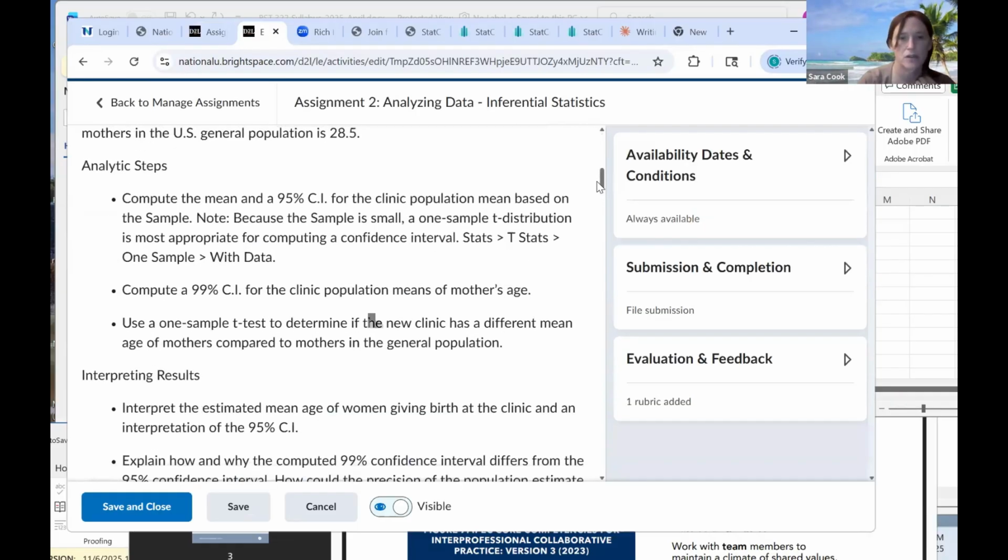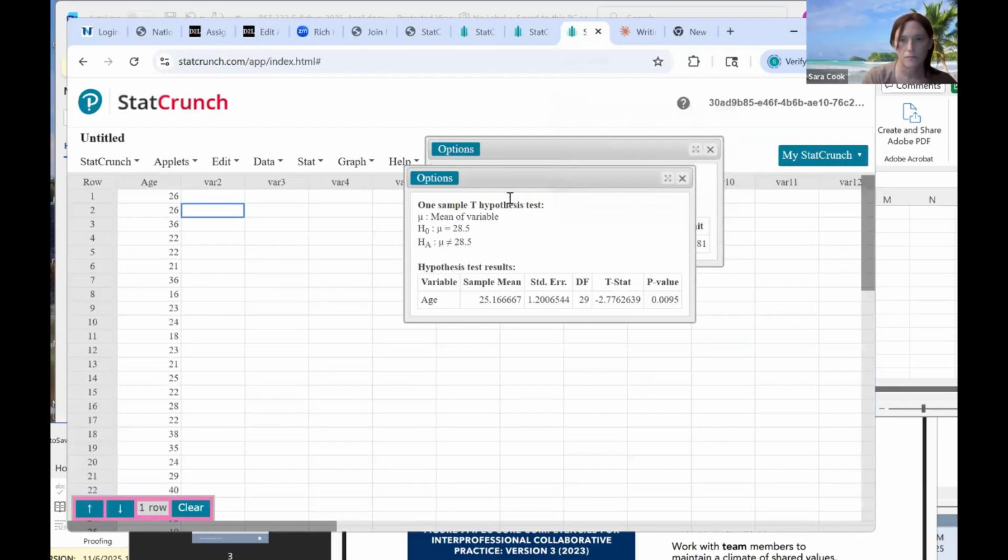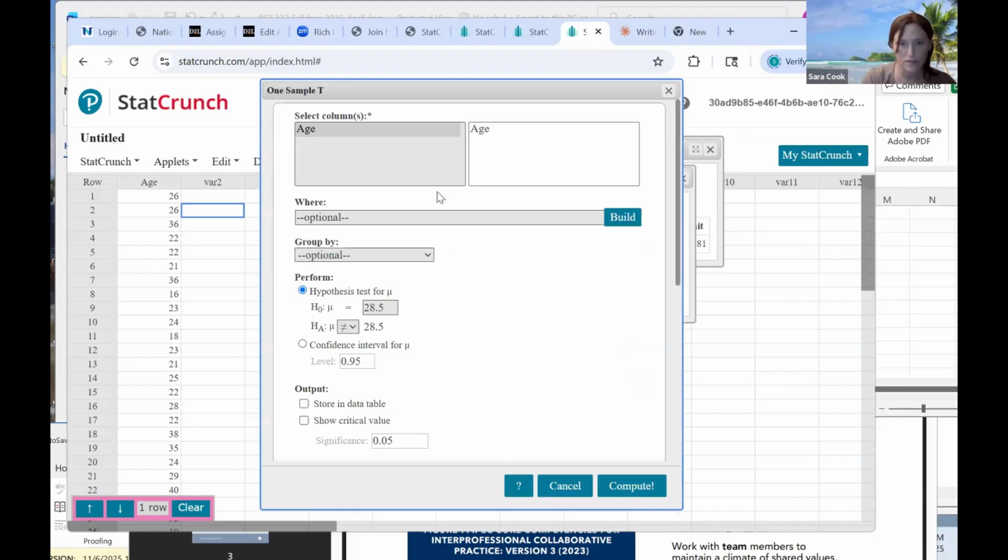Oh, I forgot to mention that problem also has you compute a 99% confidence interval. You're going to use the same procedure here. I'm just going to click on edit, and you can actually do all three things within the same. I'm just going to change the width of the confidence interval here to 99. In standard scientific literature, you're going to see a 95% confidence interval most of the time.